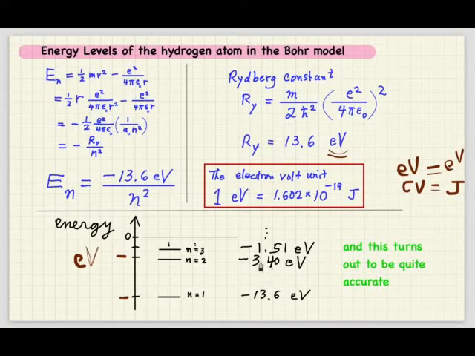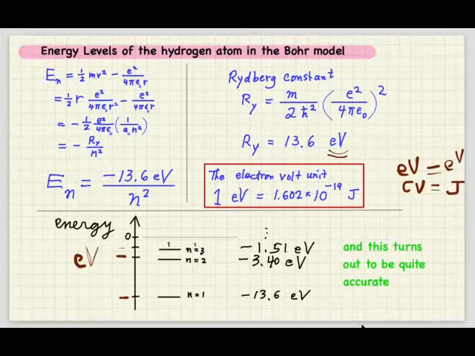That's minus 3.4 electron volts. For n equals 3, it'll be minus 13.6 electron volts divided by 9. That's minus 1.51 electron volts. So, according to the Bohr model of the atom, these are the possible energies of a hydrogen atom.